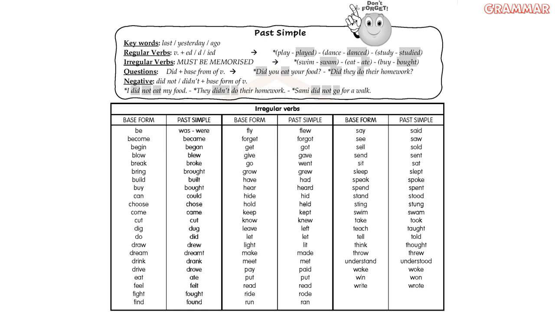You have, for example, the verb buy, the past is bought, verb be, the past is was or were, depending on singular or plural, and you have to study this table well. And remember, when you ask a question, use the word did. When you make a negative, say didn't. So let's see the questions.